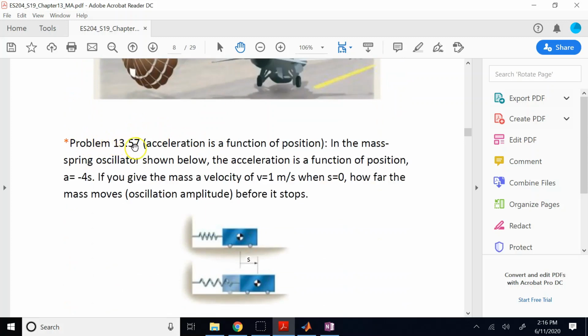But these ones that are, say, problems, these are the end of chapter, and you don't have the solution inside your textbook. But any end of chapter problem that I solve, I also have provided the solution to them separately on Canvas for your own reference.